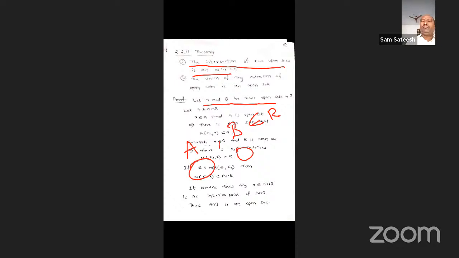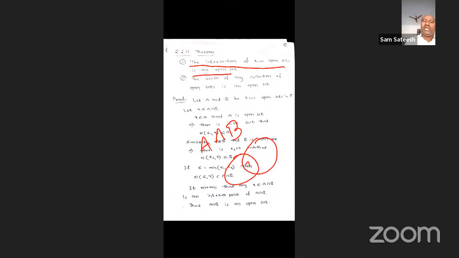Suppose we take the intersection, meaning the common points. Let x be a common point, so x belongs to A intersection B.